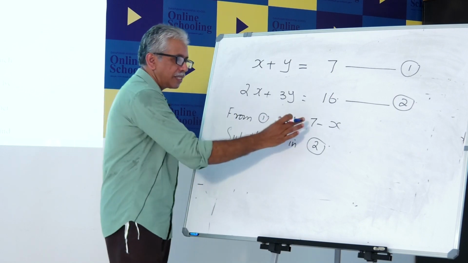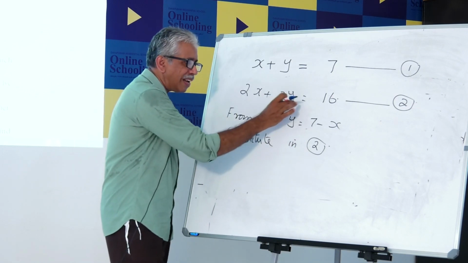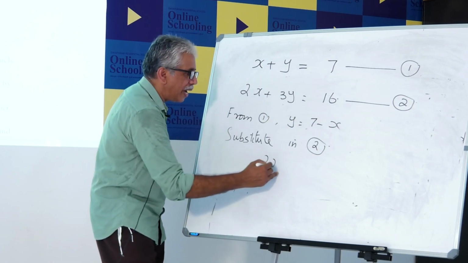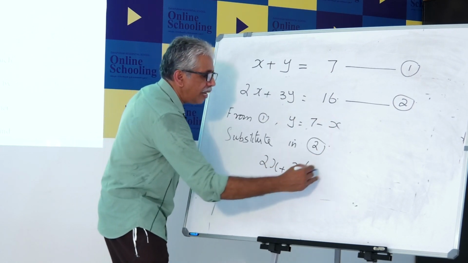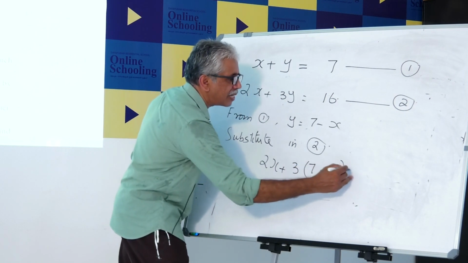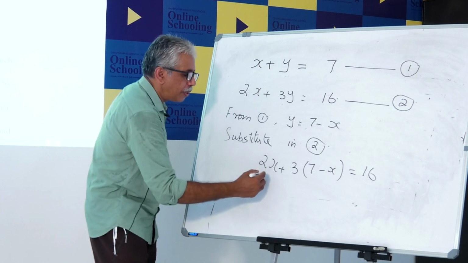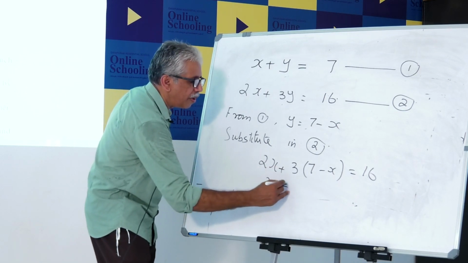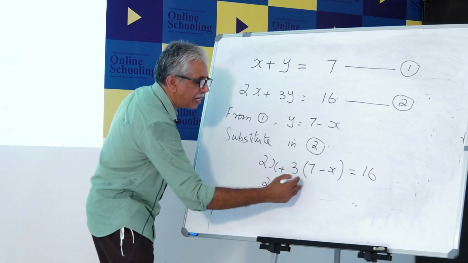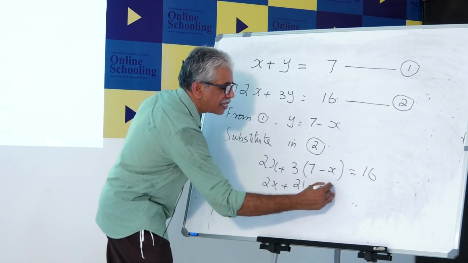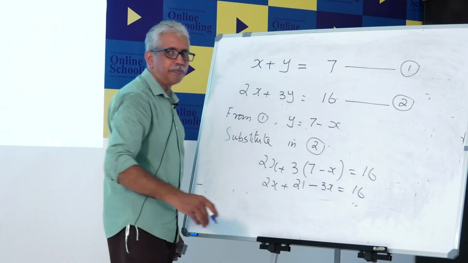What you get? See, when you make a substitution, whenever you find y, you will write this expression. So, you get 2x plus 3 into (7 minus x) equal to 16. So, 2x plus 3 into 7, that is 21, minus 3 into x, 3x, equal to 16.